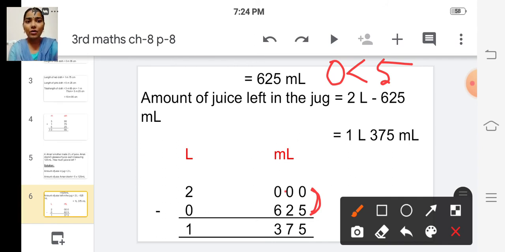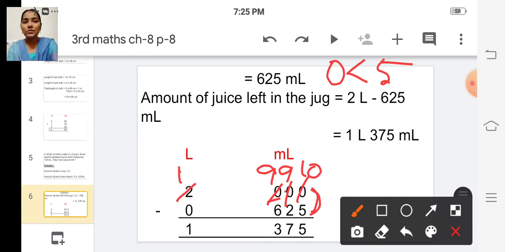We cannot borrow from this place and we cannot borrow from this place also, so we have to borrow from this place. So this 2 will become 1 and this 0 will become 9. This 0 will become 9 and this 0 will become 10, right?